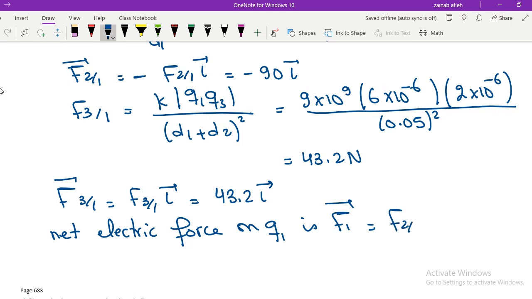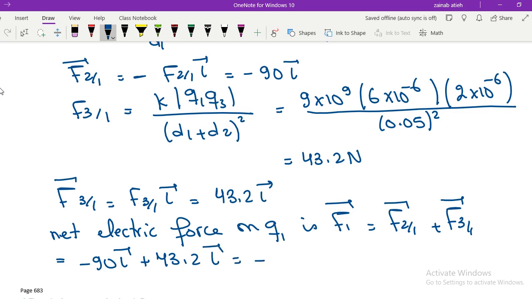It's the force exerted by 2 on 1 plus the force exerted by 3 on 1. It's equal to minus 90I plus 43.2 I, which will give me minus 46.8 I. Now this is my answer and this is my force.